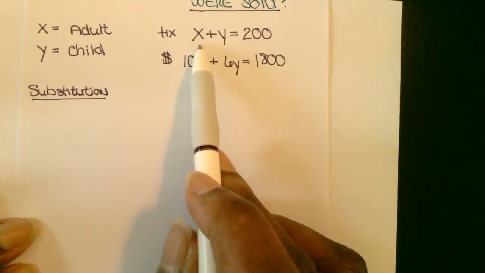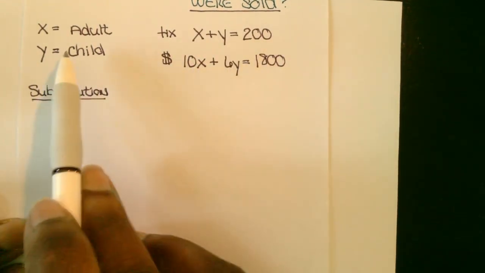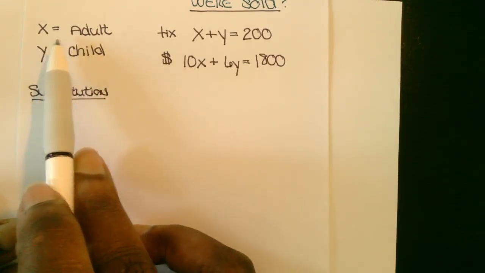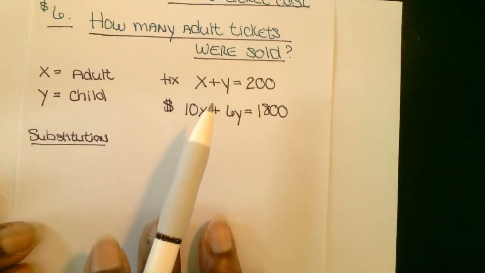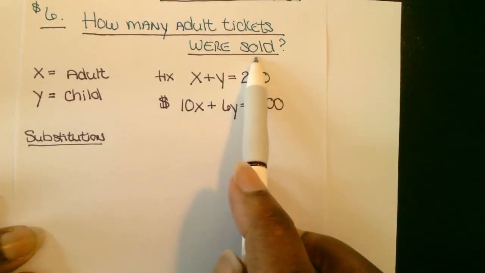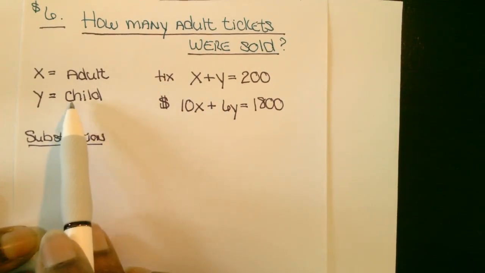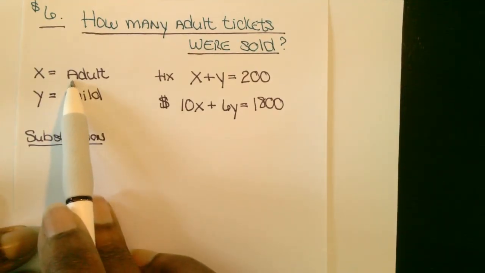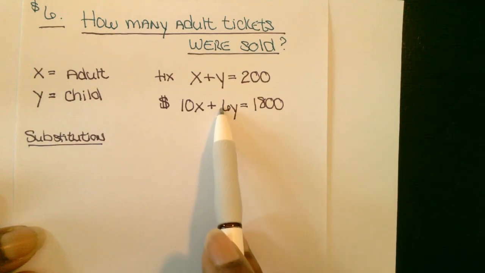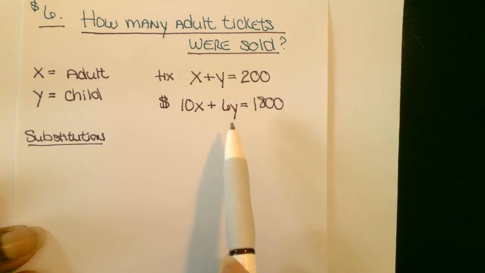So this top equation, since I want to solve it in terms of x, because we're looking for how many adult tickets were sold, solve it for y so I can get my x's.